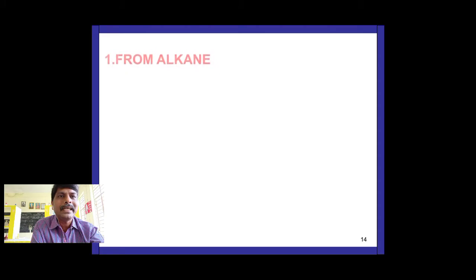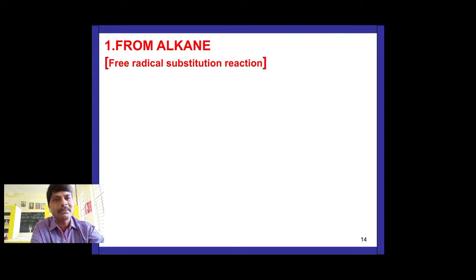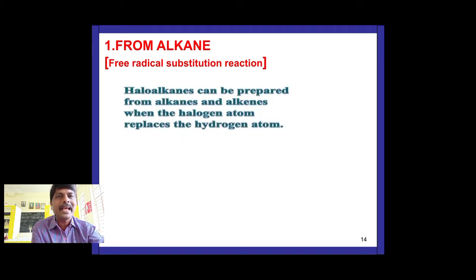First one you see, from alkane. Alkanes are already in class 11th, in the hydrocarbon chapter. There you discussed alkanes. Alkanes generally undergo free radical substitution reactions. You know halogenation of methane: CH4 plus Cl2 in the presence of sunlight gives 4 types of substitution products.